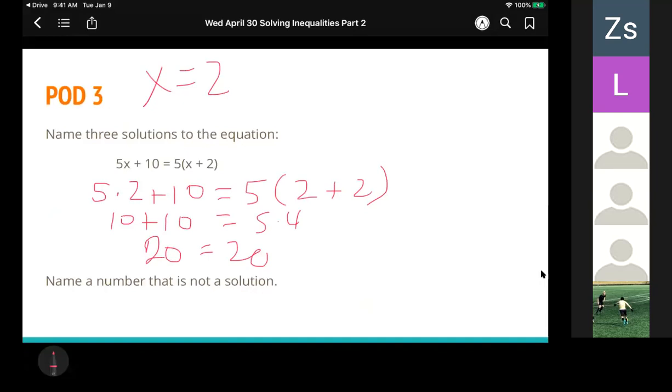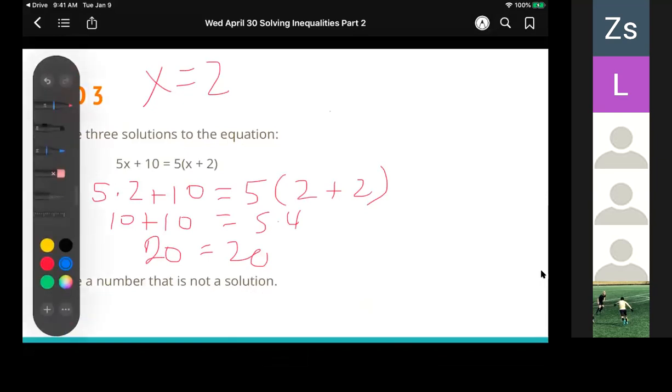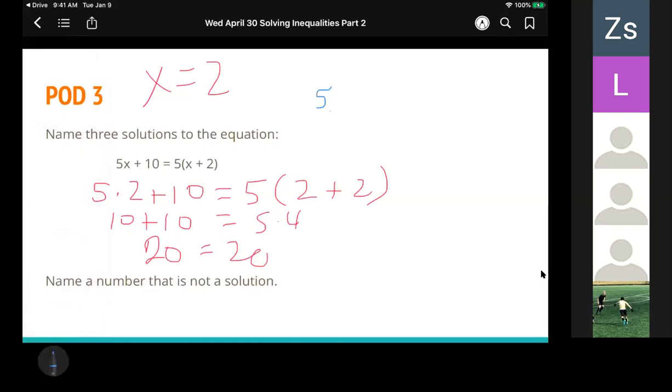All right, I need a different color, just so they don't get confusing. Let's do 5 times 4 plus 10 is equal to 5 times 4 plus 2. What does Owen get on both sides of this equation?